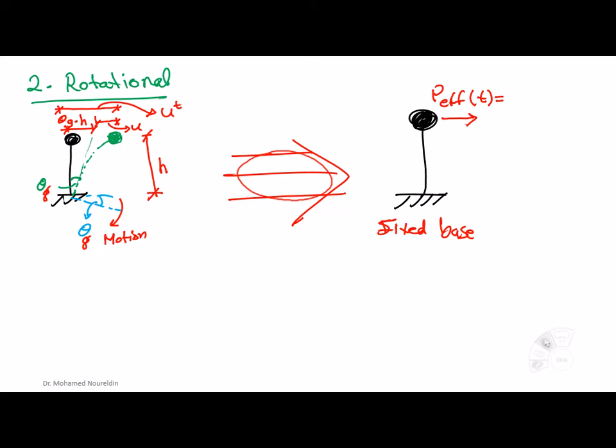We do not expect what is the value of it. So in this case, P effective is going to be minus M, the mass, times H times theta double dot of the ground excitation, whenever it is changing with time.